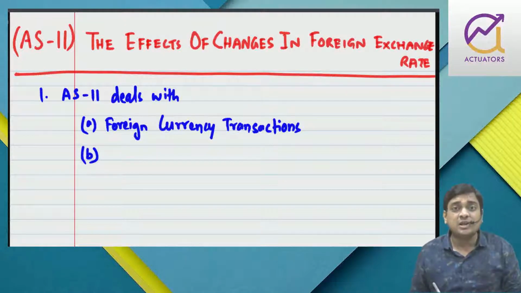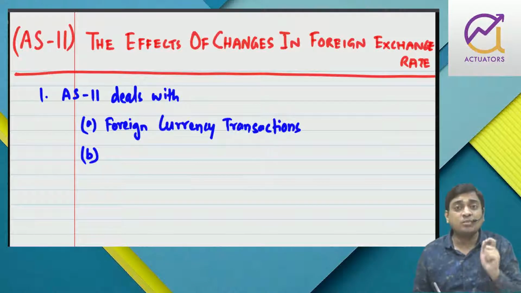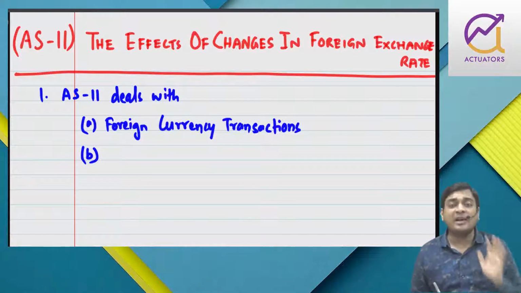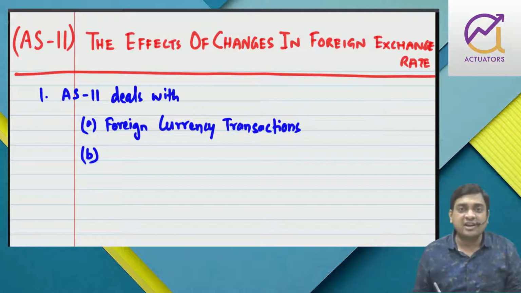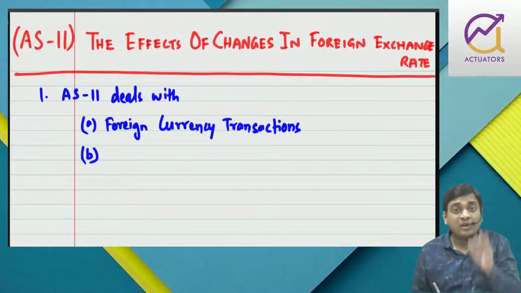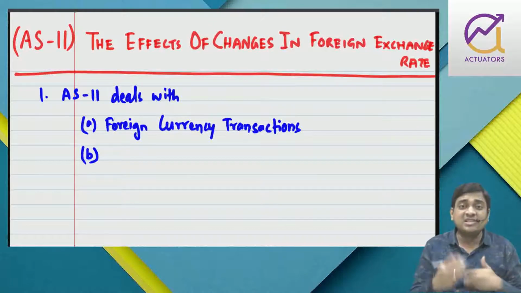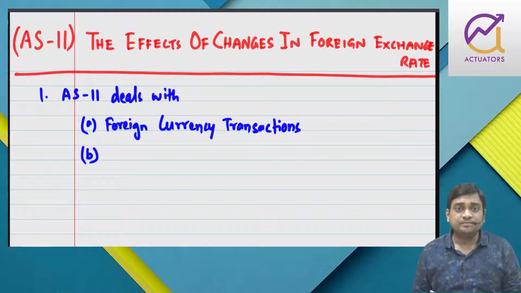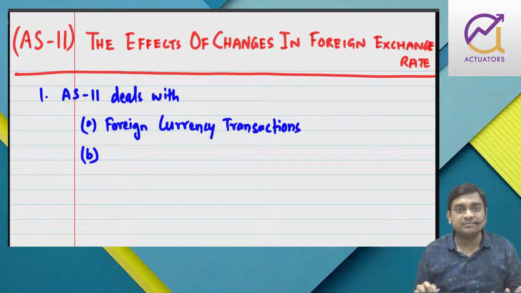As per the money measurement concept, if you remember, you have to prepare your books of accounts in the currency in which you are operating. An Indian company entering into a foreign transaction will report its transaction in Indian rupee. However, when such a company enters into a transaction with a foreign party, that transaction will actually initiate in foreign currency.